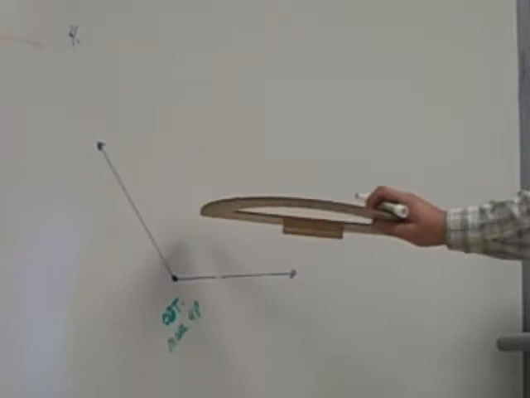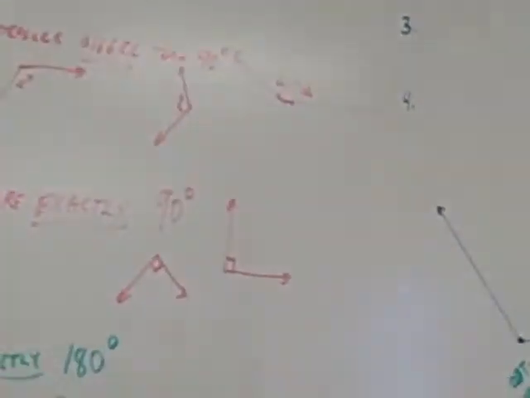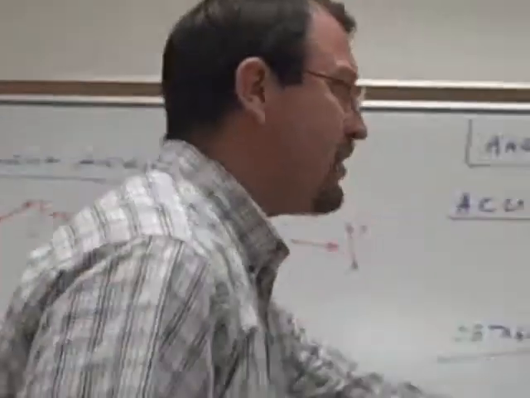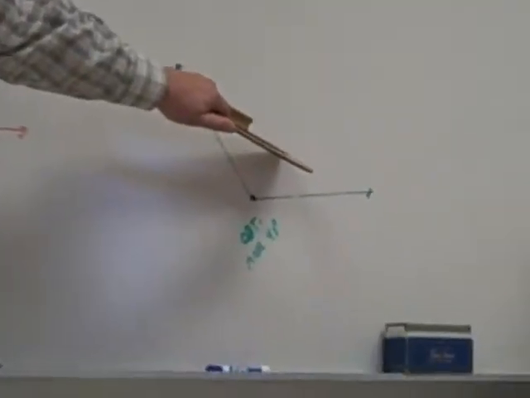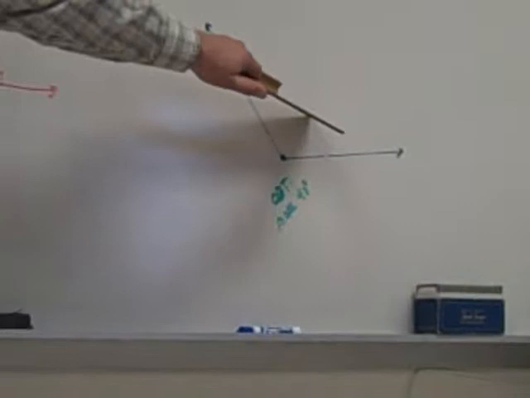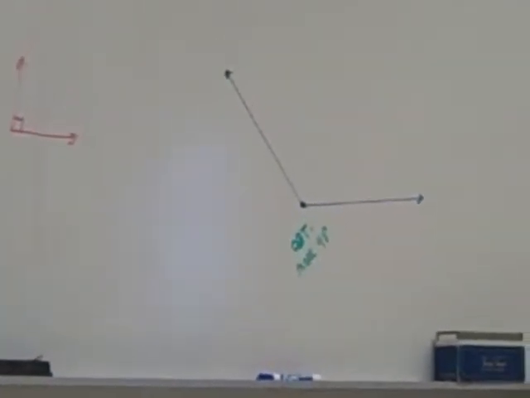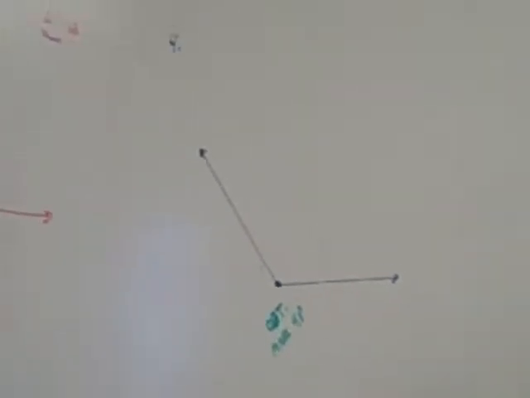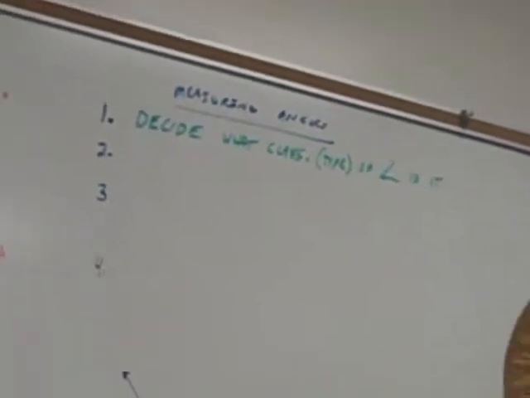So when I measure this thing and I want to write down 47, somebody better stop me, right? Because this angle cannot be 47 because it's obtuse. It has to be a number bigger than 90. Is everybody with me on that? Yes, sir. So don't let somebody put a small number on there. All right, step two.